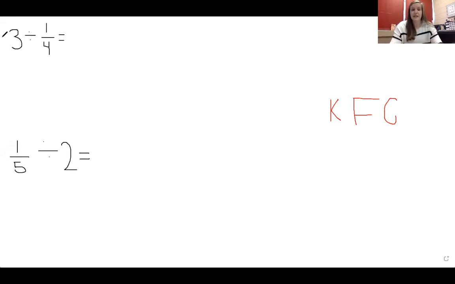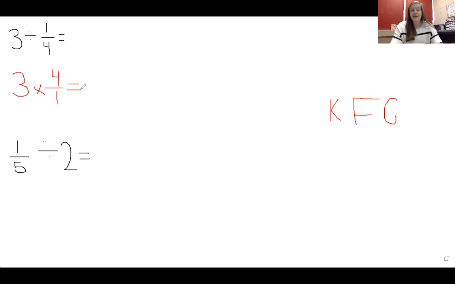So let's practice. Our 3 is our first number, and that K means that we keep the 3 the same. So I'm actually just going to rewrite that 3 right there. The F says that we flip the second number. And since 1 is on top and 4 is on the bottom, we're going to flip it and put 4 on top and 1 on the bottom. And then change says that we change that division sign to a multiplication sign. So we're actually multiplying instead of dividing.